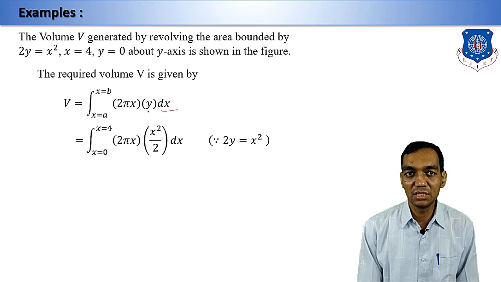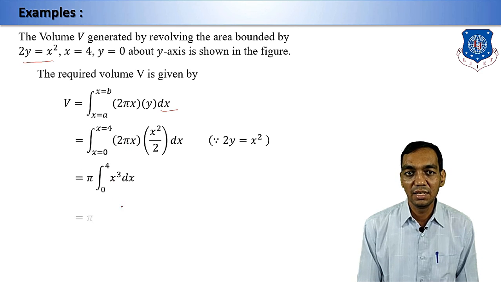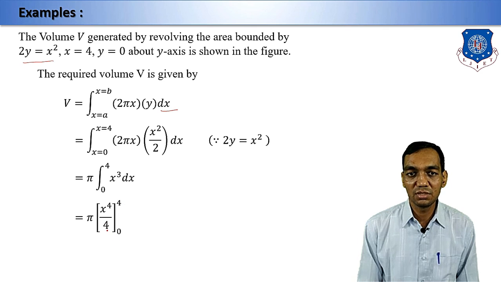From the parabola equation, you have y equals x square by 2. Now putting this value, simplify and integrate. The 2 cancels out, pi comes out, and you have x cube. The integration of x cube is x raised to 4 by 4, with limits from 0 to 4. If you substitute the values, you will have the answer 64 pi.